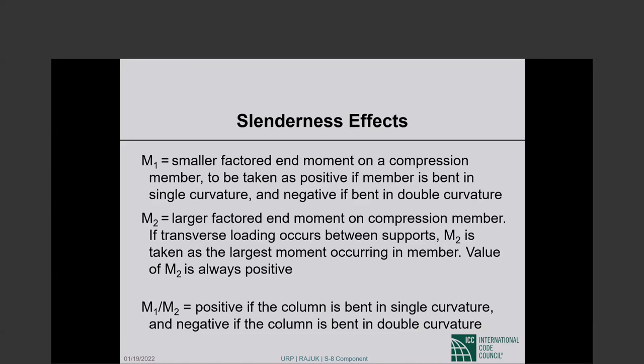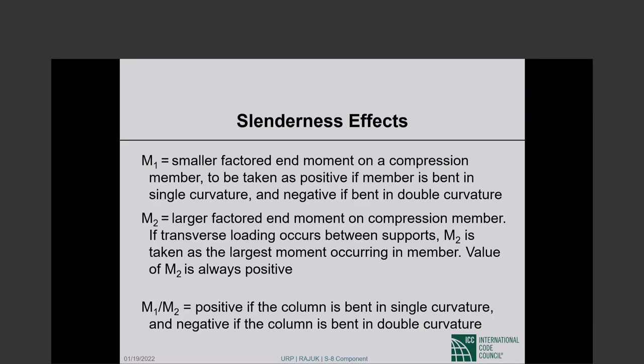M2 then is the larger factored end moment on the compression member. If transverse loading occurs between supports, if there is a transverse load between the ends of a column, which is unusual, M2 is taken as the largest moment occurring in the member, then it may not be the end moment. The value of M2 is always positive.